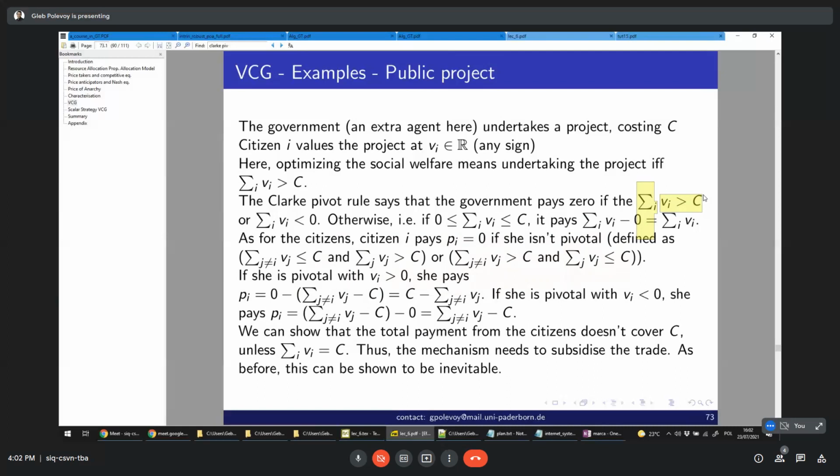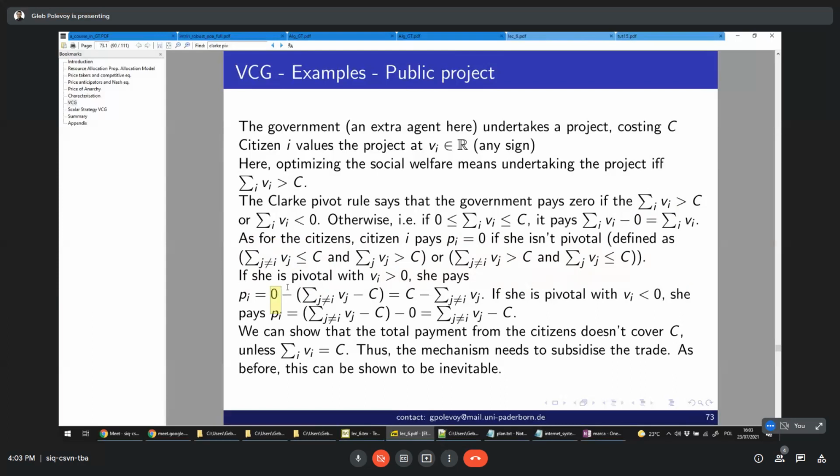If you are pivotal with a positive V, what do you pay then? What you pay is the following: with you, without you. What does it mean to be pivotal? Without you, the sum of the values was not enough. So without you, that thing would not be built, and they would all get, and they includes the government, by the way, nothing.